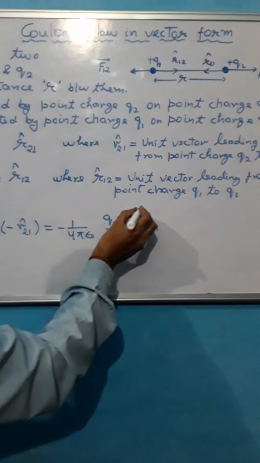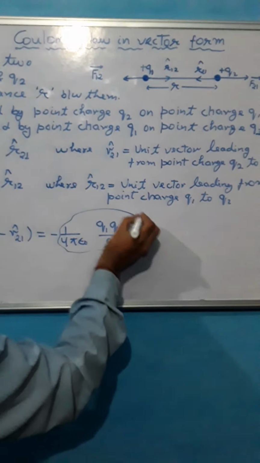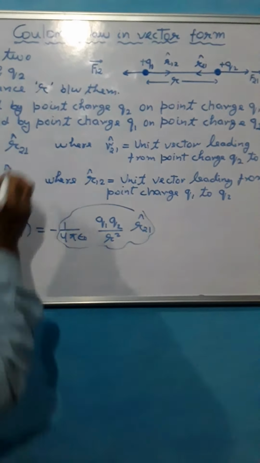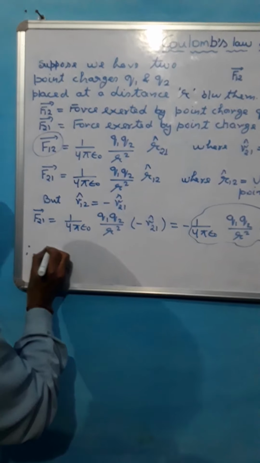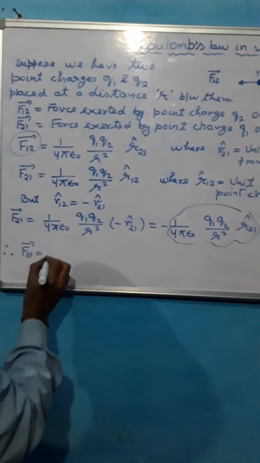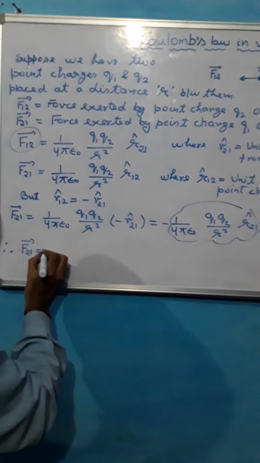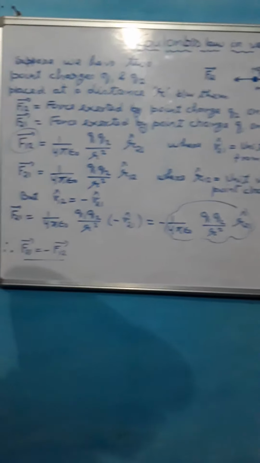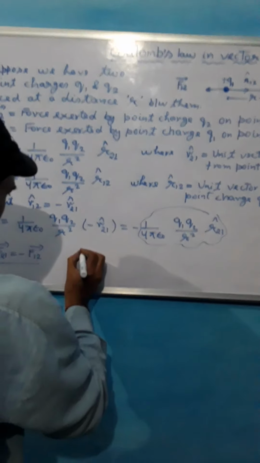And this quantity is equal to F12. So I can write F21 is equal to minus F12.